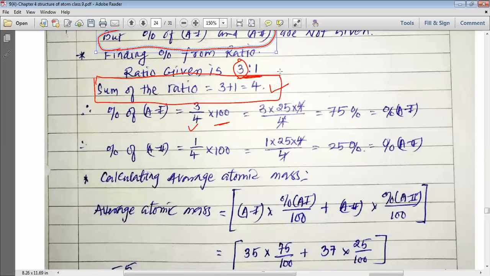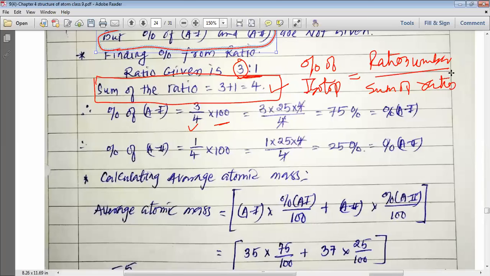So how do we get the percentage? Percentage of isotope is equal to the ratio number divided by the sum of the ratio, multiplied by 100. This is how you do it.